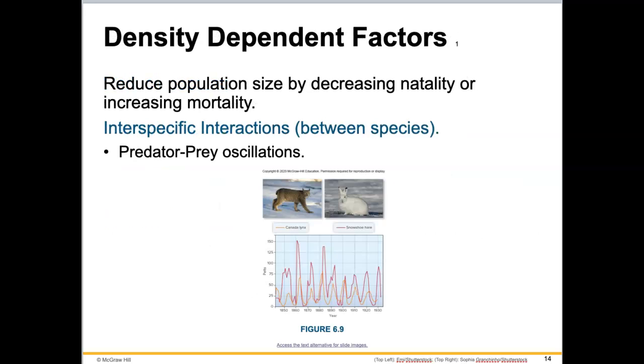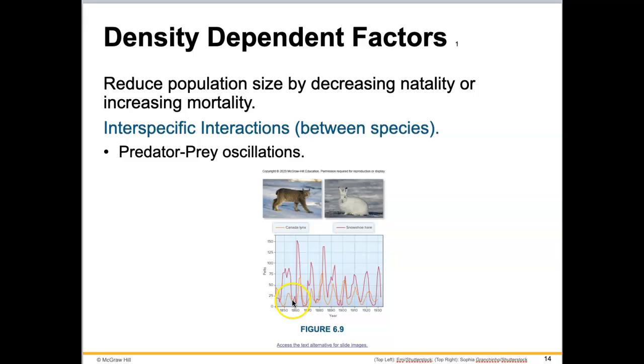Predator-prey relationships: what we would see here is plotted the number of rabbits that were available, and then lagging behind that, because this was a really high population of rabbits in this year, there was a higher reproduction in the lynx, the predators, and so the predator numbers went up.